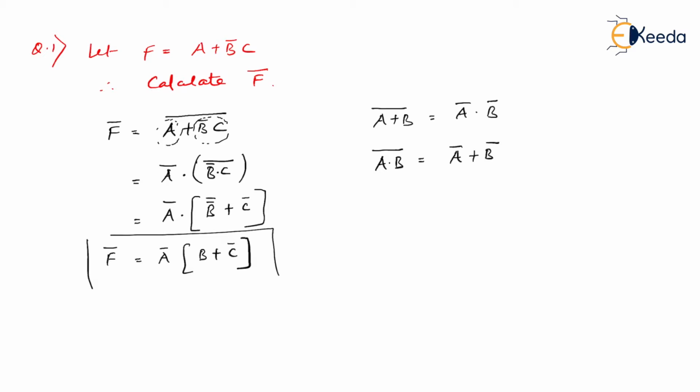I'm sure you understood how to take the complement of the function. Since you are preparing for competitive exams like GATE, as I keep saying, time is money, so you have to save time. This problem was a smaller one. For small problems, the traditional method I have explained is not going to take so much time.